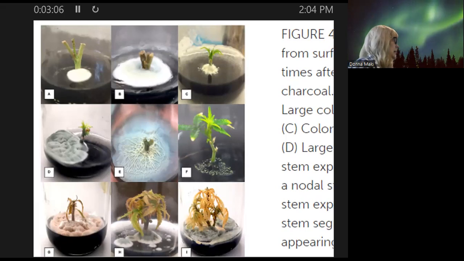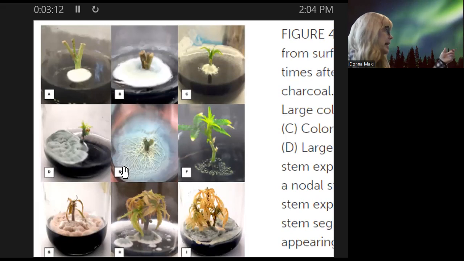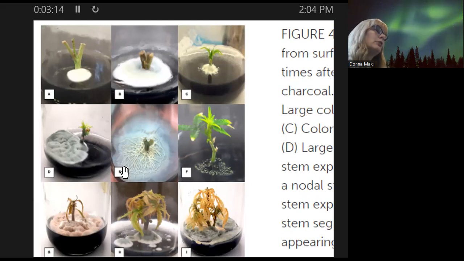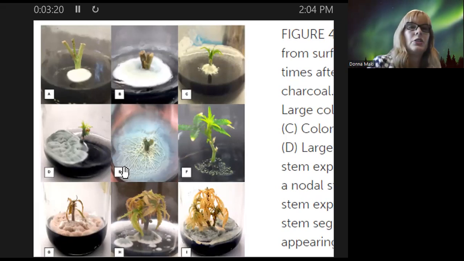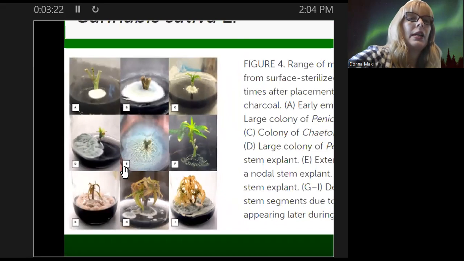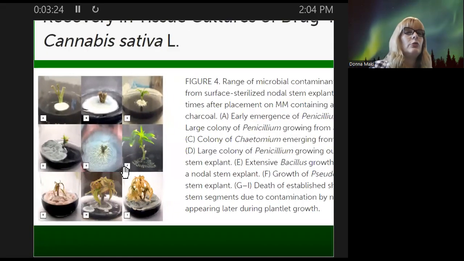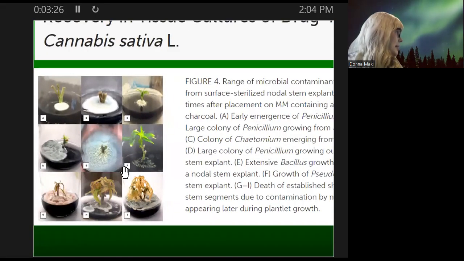That's obviously not what you want happening. But I've had many cases where you see the plant looking fairly happy, even though there's evidence of contaminants, and it stays in balance. So it just depends. Still, if you want to propagate that or transfer it into a new vessel, you might still have contaminants that come with it.